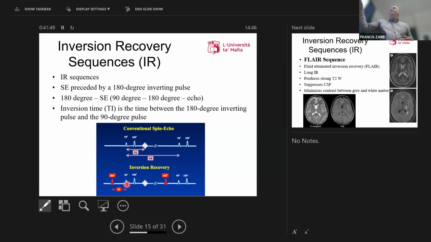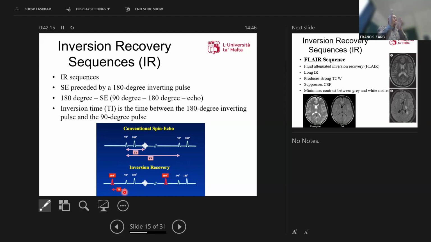So you have the 180 degrees followed by the spin echo, and the spin echo, don't forget, is the 90 and the 180. And then you take the actual echo. The inversion time is the time from the inversion 180 pulse until the spin echo pulse starts. That is the inversion time. All right?